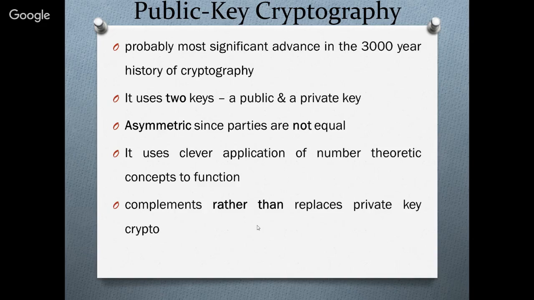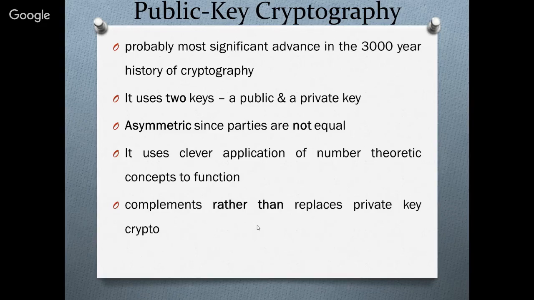That is, the two keys you use for encryption and decryption are not the same key. It uses clever applications of number theoretic concepts and functions. That is, we generate the keys in such a way that if one key is used for locking, obtained through a number theoretic calculation for the generation of the keys, the other key will be used for decrypting the information.